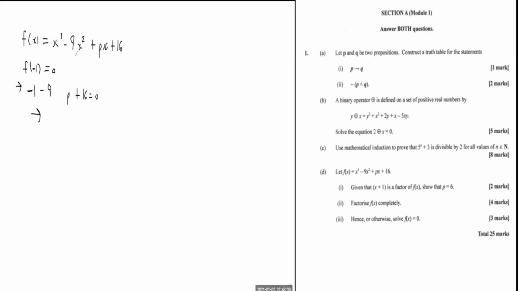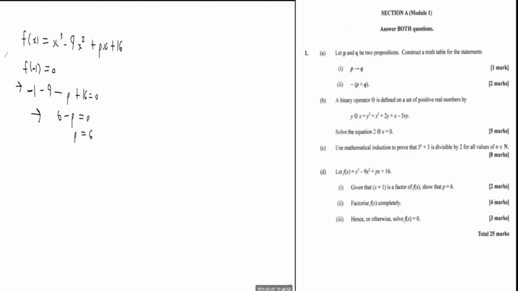See, I'm giving it away. And so minus 1 minus 9 is minus 10, plus 16. That works out to be 6. And so 6 minus p is 0, and if 6 minus p is 0, then p is of course 6.